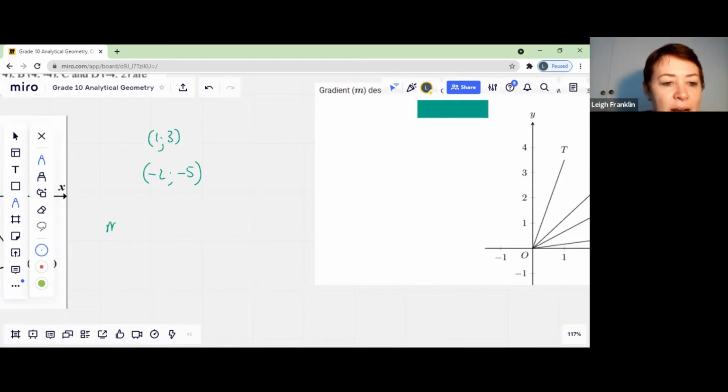Nzole, if you decide that this coordinate over here is going to be y1, that's okay, as long as its corresponding x is x1, which means this has to be y2 and this has to be x2. So if you come along and you go 3 minus -5 over 1 minus -2, you will get exactly the same answer than if you do this.